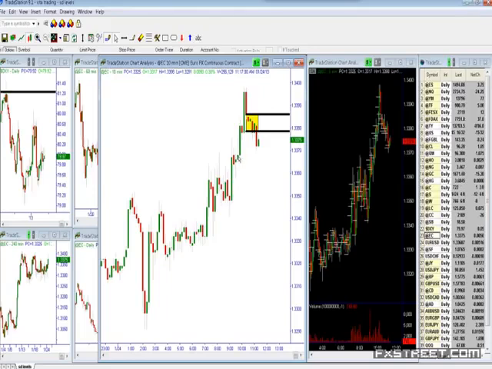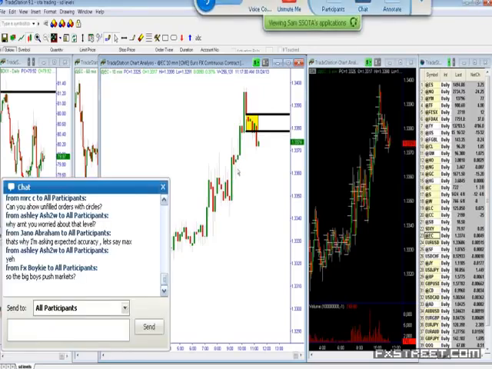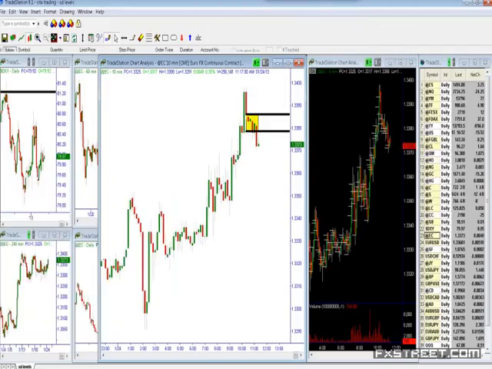In other words, if there's so much demand right up here, how is it that prices were able to trade all the way down to here during this period of buying and selling? You see what I'm saying? The demand can't be super strong here if prices were able to come down to here. Make sense? All right. Okay.